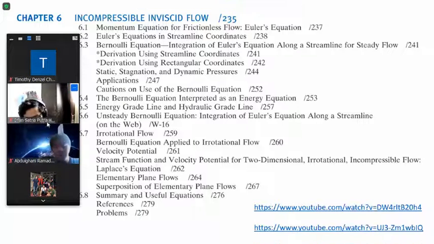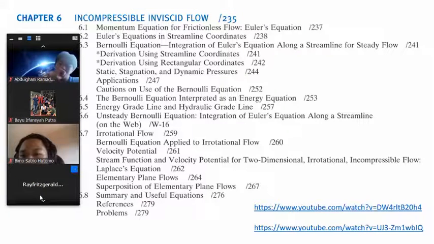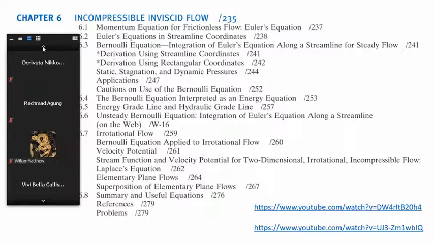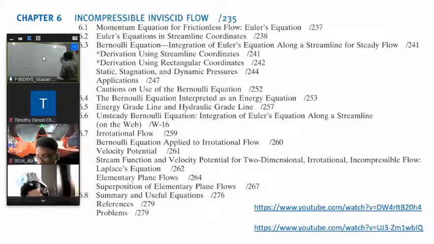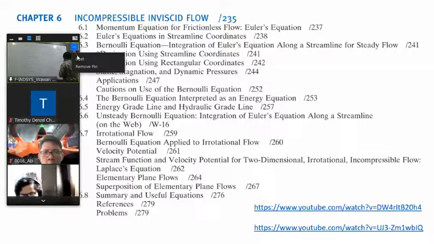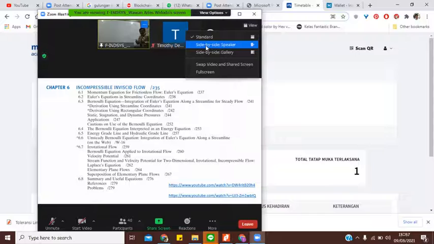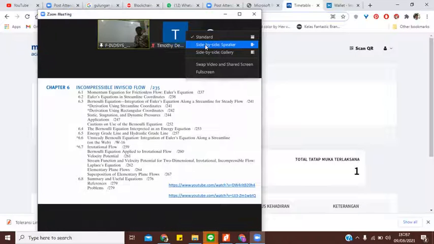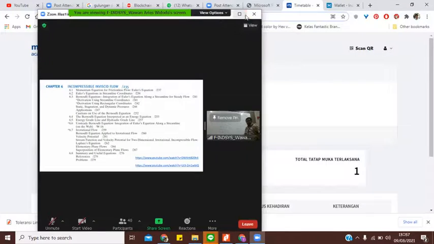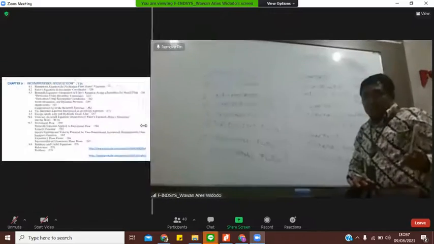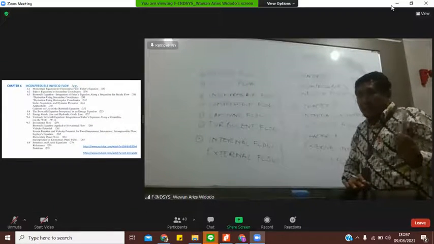I think everyone knows about the Bernoulli equation. Actually, the Euler equation and Bernoulli equation come from the Navier-Stokes equation. If you want to know, from chapter 5 of this book, you can read about the Navier-Stokes equation.